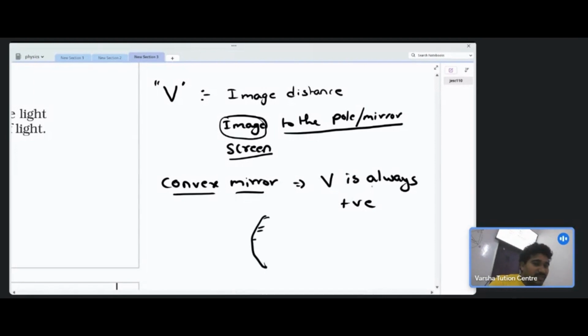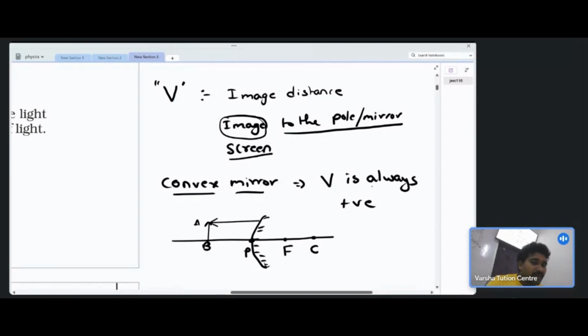For example, you can see this diagram also. If you are seeing this diagram, this point is called pole, right? And this line is called what? Principal axis. This might be the focus, and here we have the center of curvature. If I take an object AB here, I will take two rays. One is parallel.